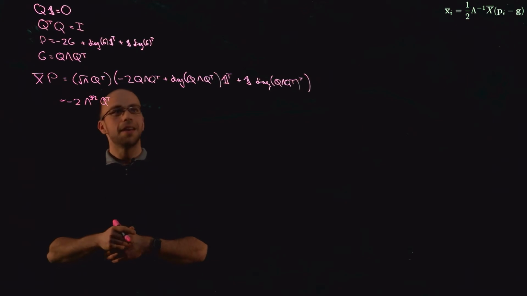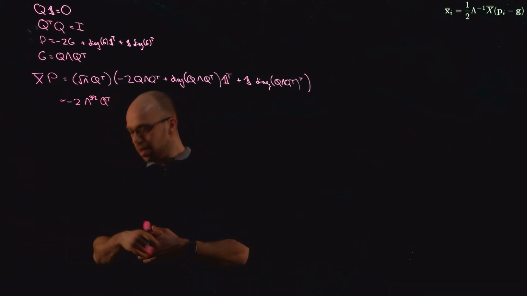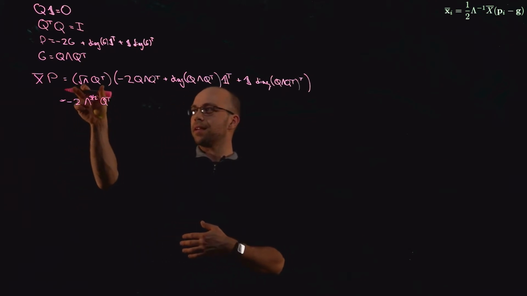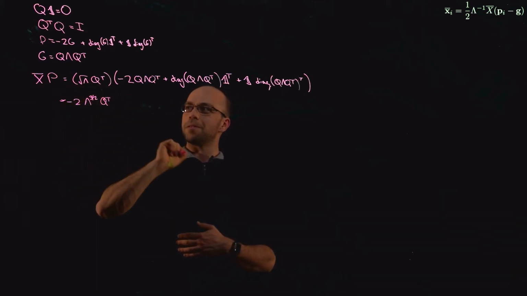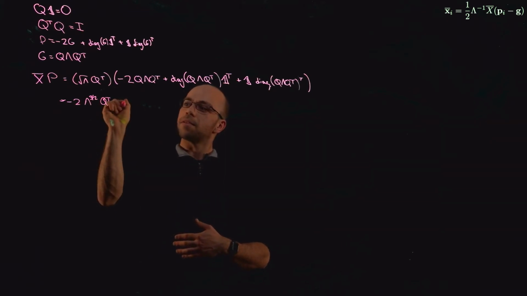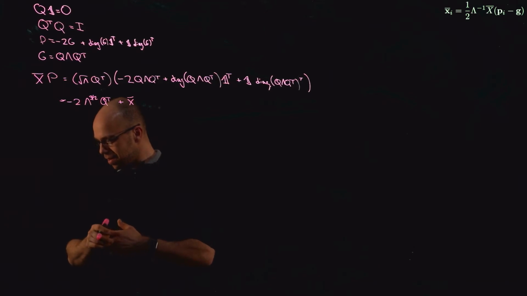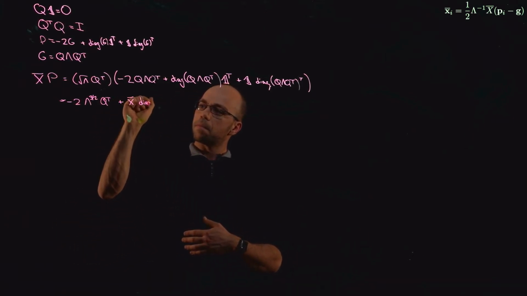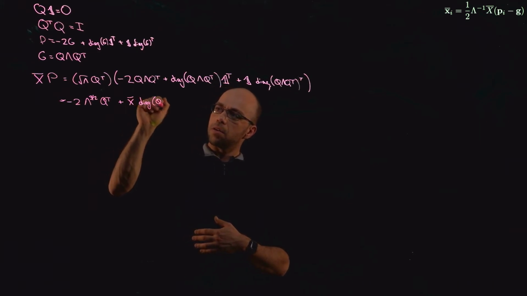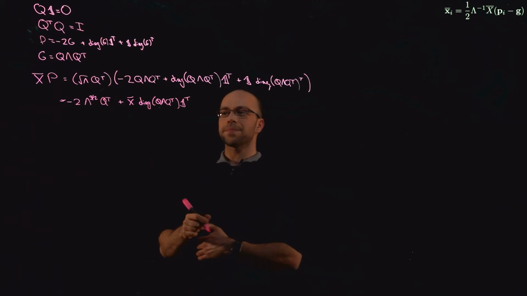Okay. Now let's think about the next one. I don't think there's a whole lot we can do with this quite yet, but maybe I'll just write the square root of lambda times Q transpose as X bar again. So we'll say that that's X bar times this diagonal matrix, Q lambda Q transpose times a vector of all ones transpose.